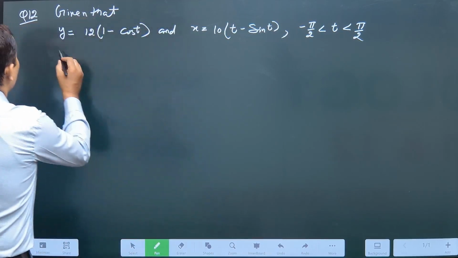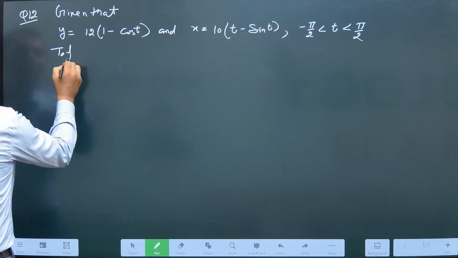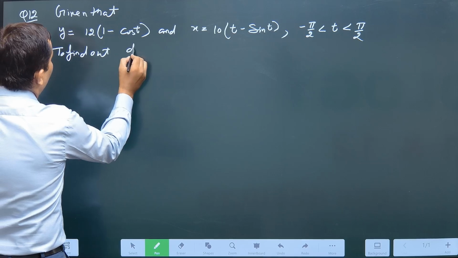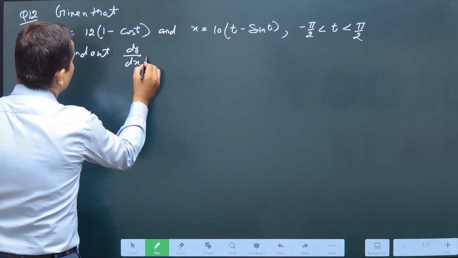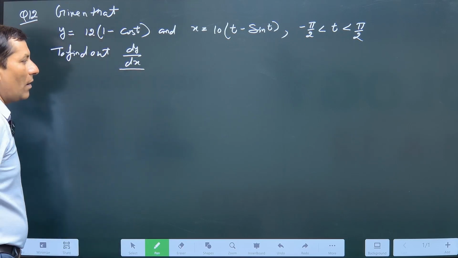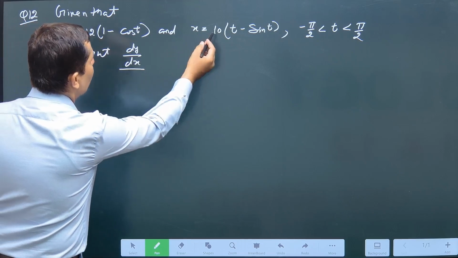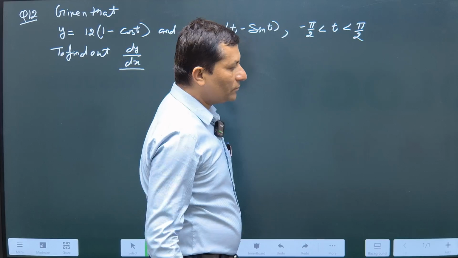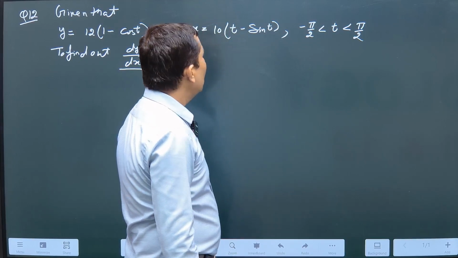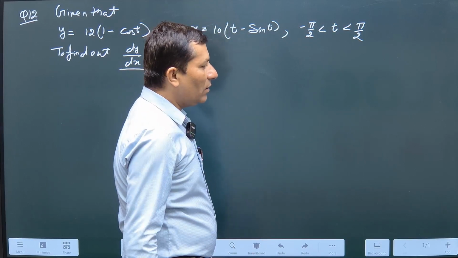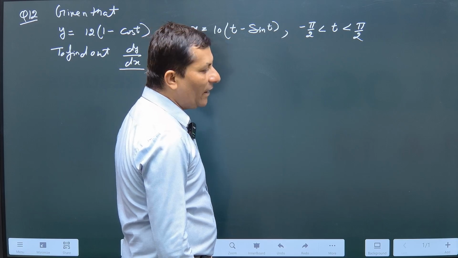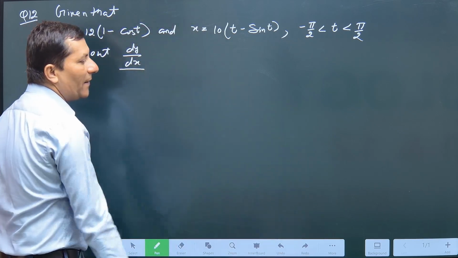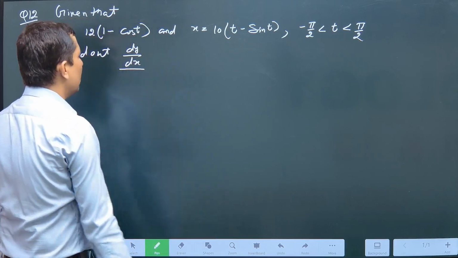To find out dy upon dx. y is equal to this and x is equal to this and its value of t lies between this. It is the parametric form, and you have to find out with the help of this parametric form dy upon dx.